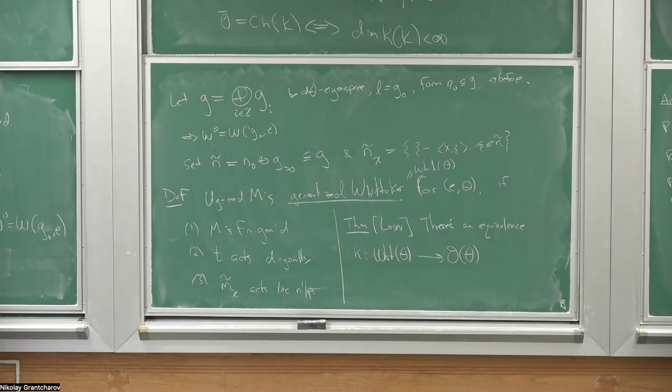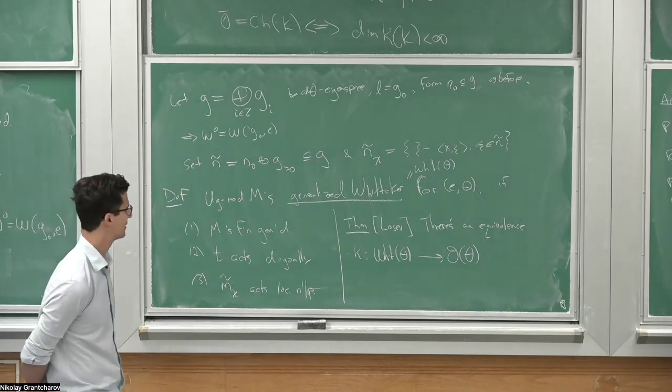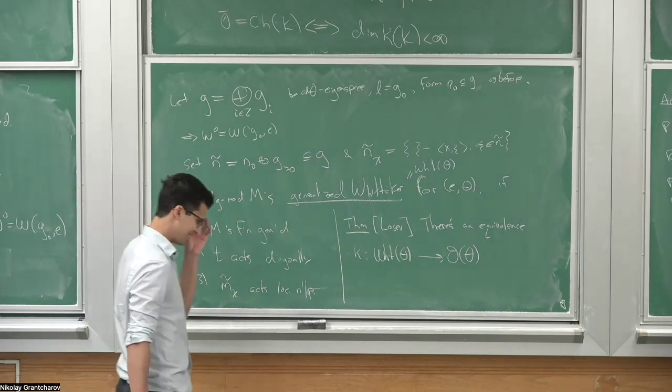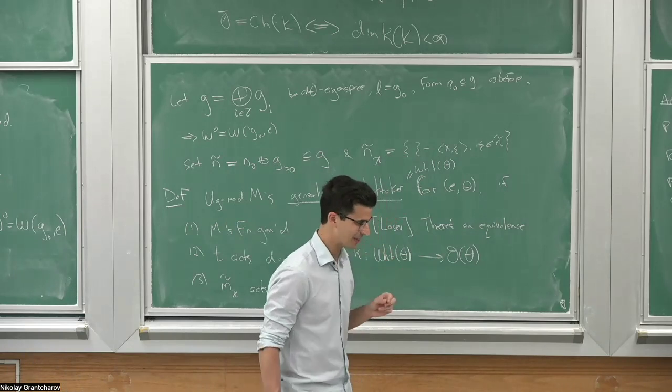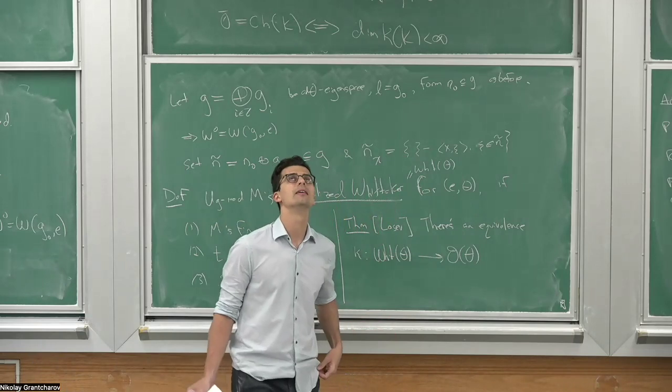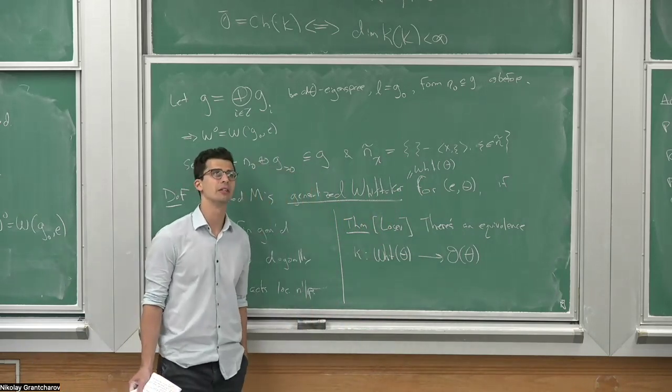Questions for Nikolay? I'll ask you a question. I'm guessing this version of category O is Artinian. I don't know what that means. I know it's, every object has finite length. I'm not sure.